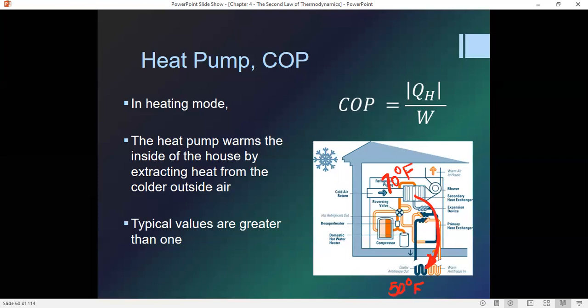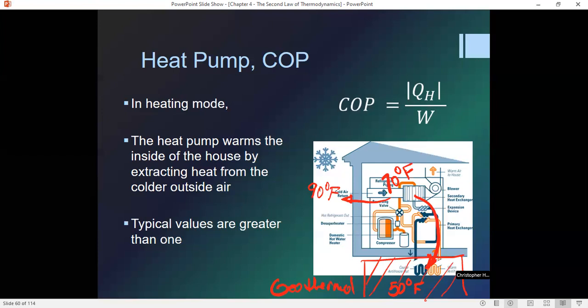Now, if it's 90 degrees outside, I'm having to push the heat to a higher temperature. So an air conditioner that simply exchanges with the air is much less efficient than a geothermal heat pump. And when they're talking about geothermal, they're basically saying they're exchanging heat with the ground.